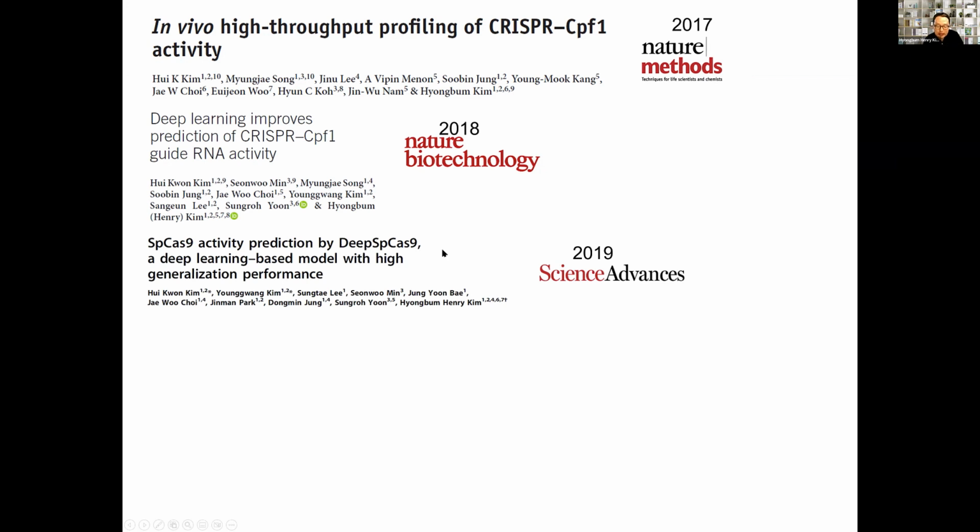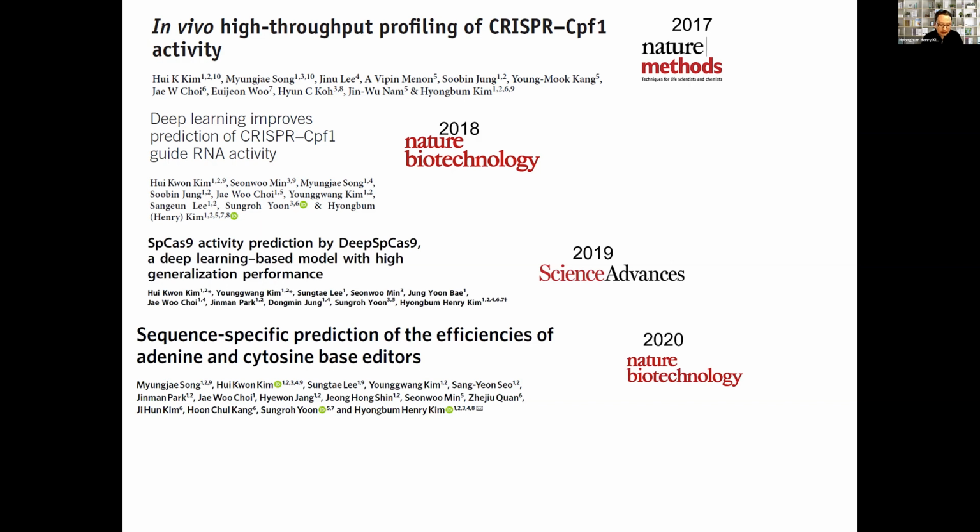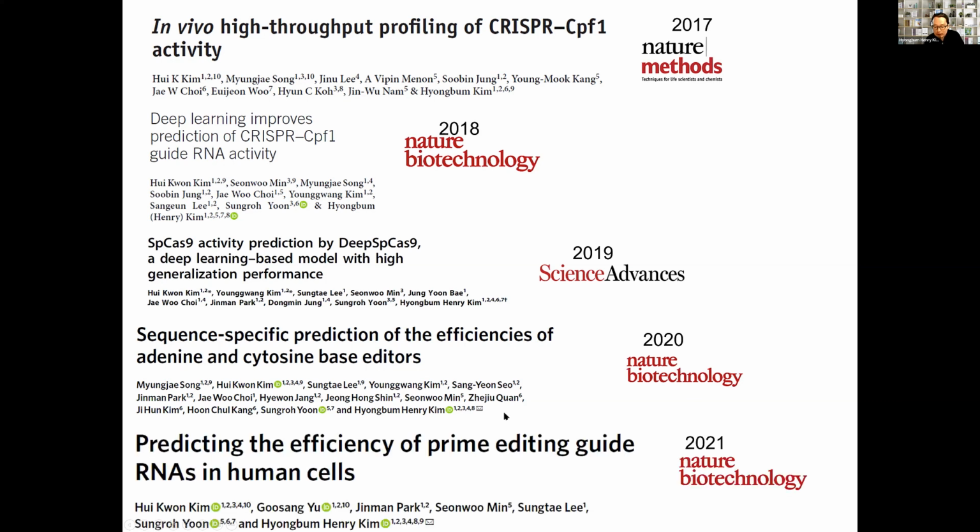So we generated DeepSpCas9. Then we also expanded our approach to base editing, both adenine and cytosine base editors. Then recently we expanded our approach to prime editing to predict the efficiency of prime editing guide RNAs in human cells.